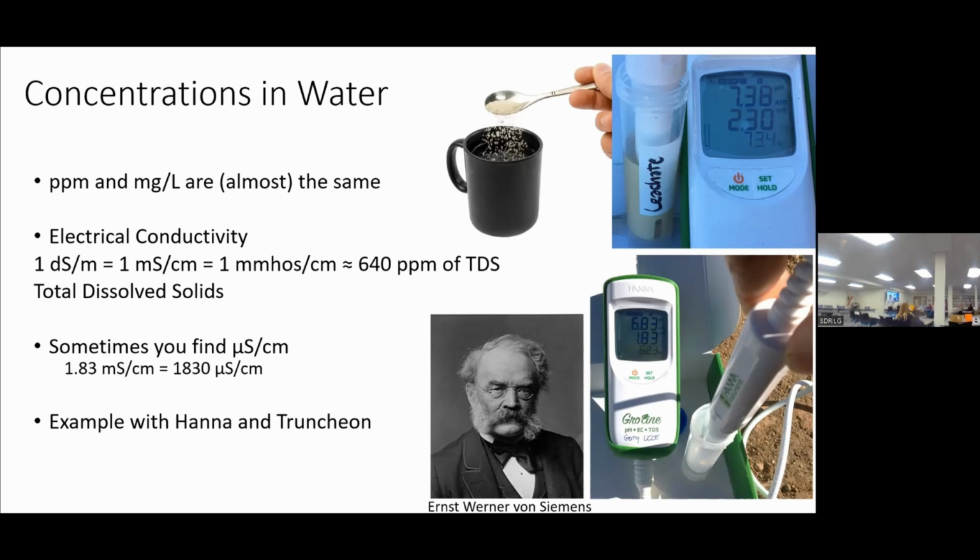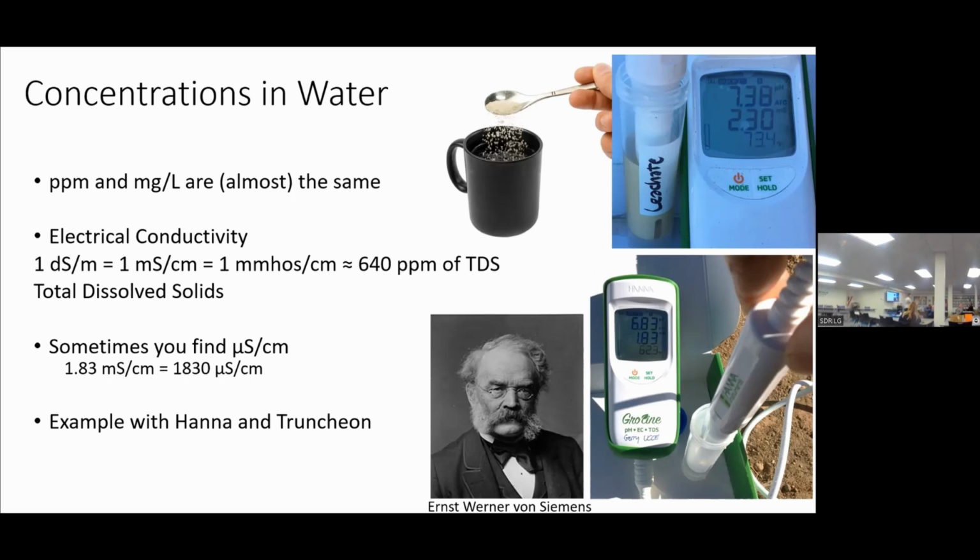But it's not a 100% univocal relationship. The conversion is about 640 if you have a lot of chloride and nitrate, which probably you do. But it can be as low as 500 or it can be as high as 700.